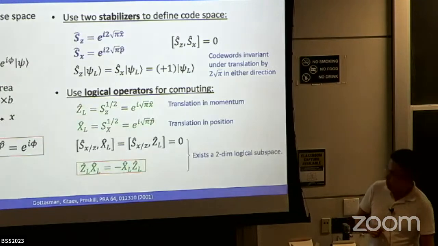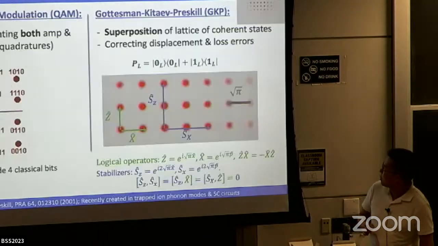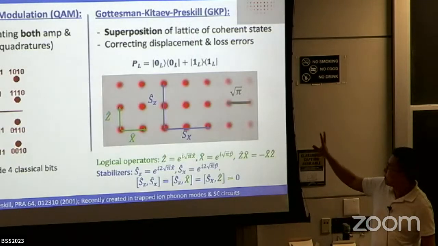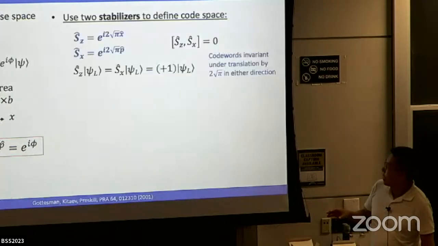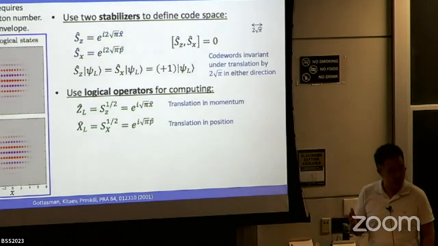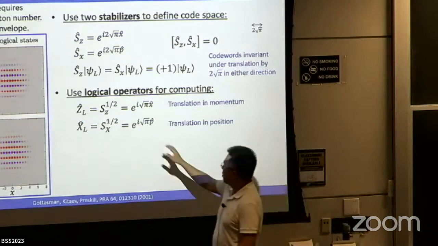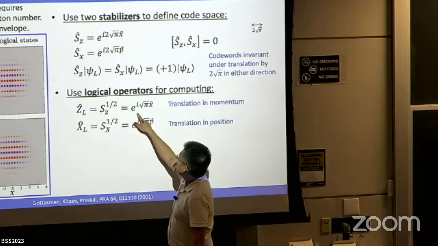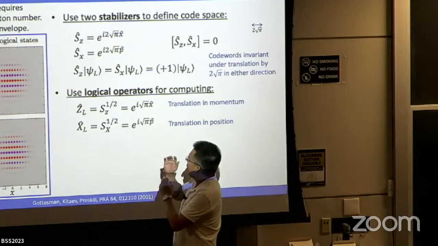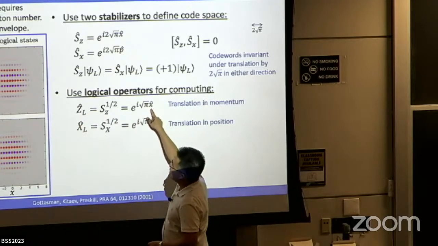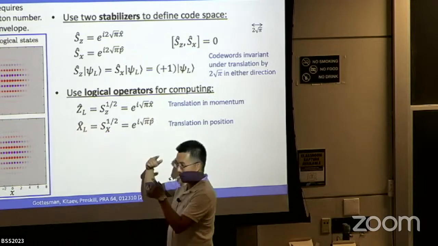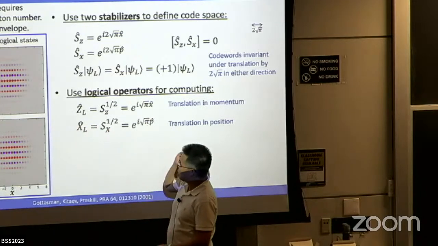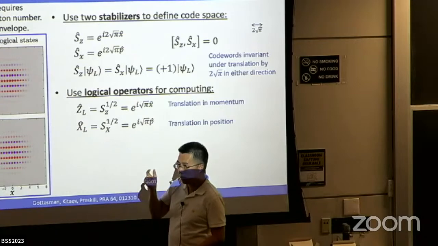So far I was just plotting the projection of the code space. Now let's see what the logical states are, so that I can connect it to my logical operator. Notice that the logical Z corresponds to a displacement along... let's look at logical X, because that goes from 0 to 1, a displacement along the position direction by square root of pi.